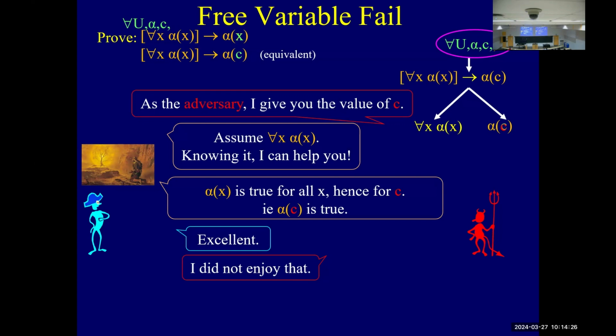Oh, absolutely, if this statement is true for all y, it's true for all x, right? But the question is, this section's called free variable fail, right? What does this say? It's kind of saying for every value y, for example 0, if alpha is true for 0, it's true for all. Right? Does that make sense? And that's wrong. All right?